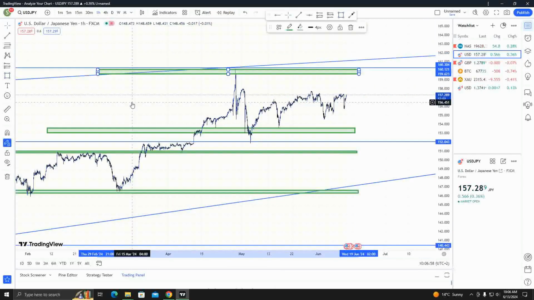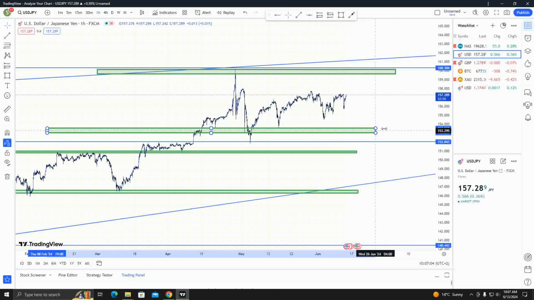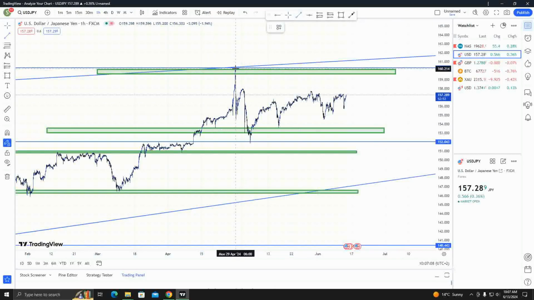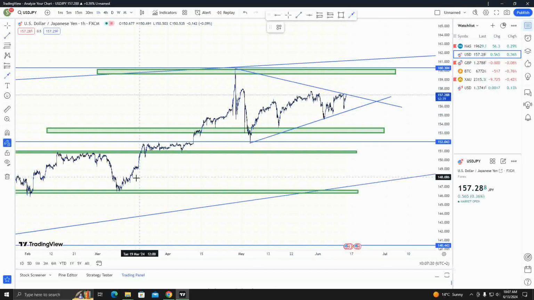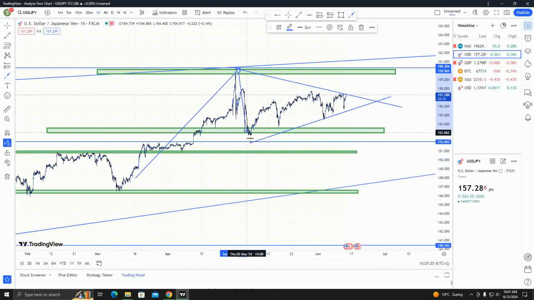So as you can see here, with the supply and demand, it forms something like a pennant. So it's going to do this and do that.